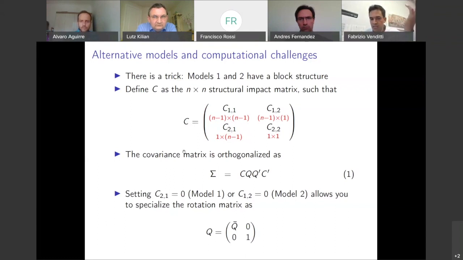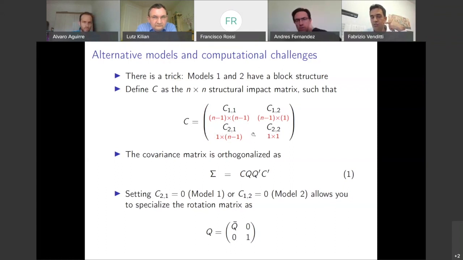Then orthogonalize the covariance matrix of the vector of regression residuals as follows. This is very standard: C Q Q prime C prime, where Q is a rotation matrix. Now, Model 1 in the paper is obtained by setting this row vector to 0.